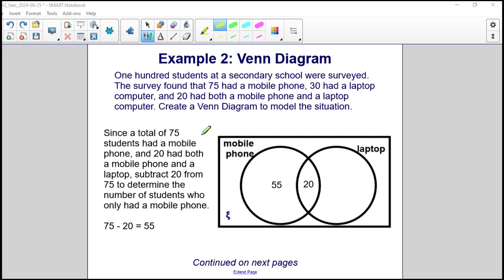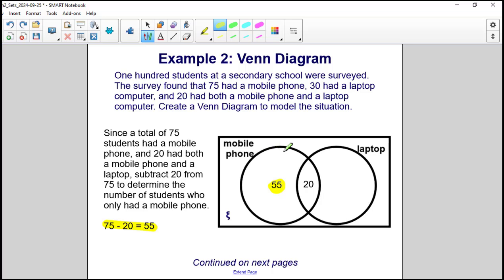Since the total number of 75 students had a mobile phone and 20 had both a mobile phone and a laptop, we subtract 20 from 75 to determine the number of students who only had a mobile phone. So here we see the arithmetic. We take our 75 students minus the 20 students who had both, and that leaves us with 55 students who only had a mobile phone.